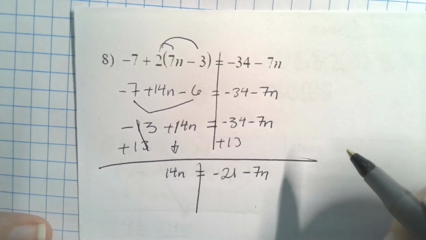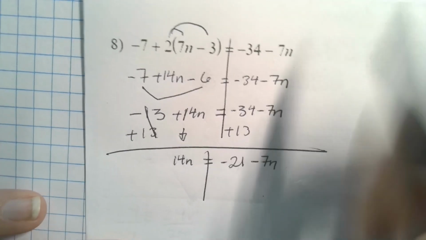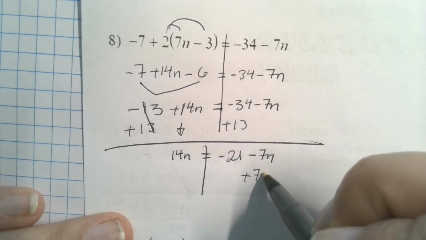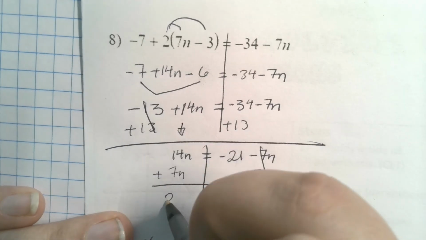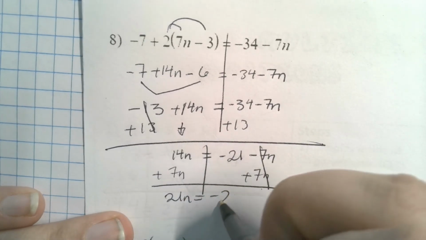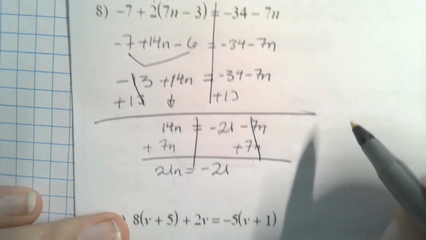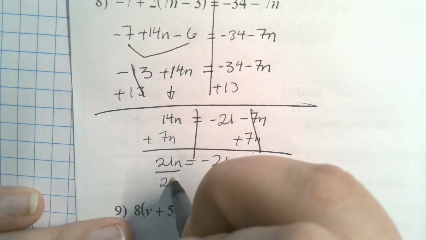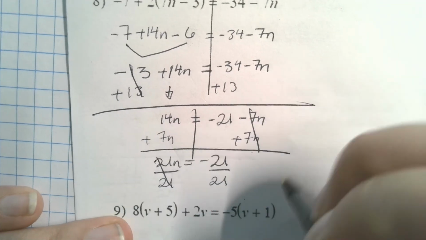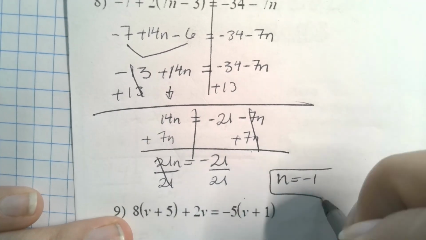Yep. What do I want to move? Yeah, the 7 into the other side. You're right. So we're going to add because it's undoing the opposite. It's always going to be the opposite operation. Divide by what? Good. So then n equals negative 1.